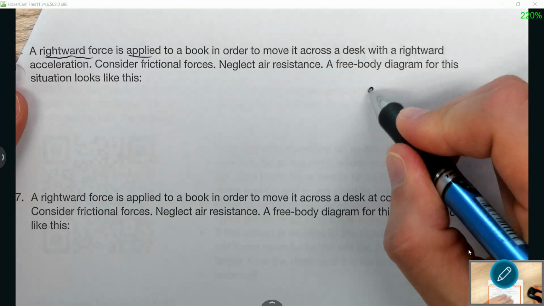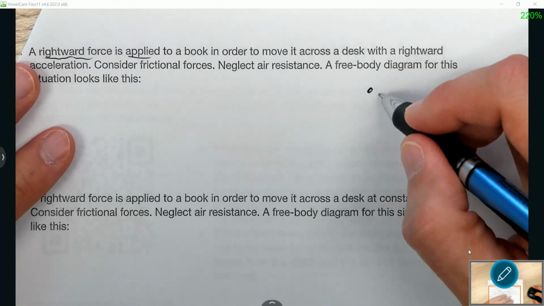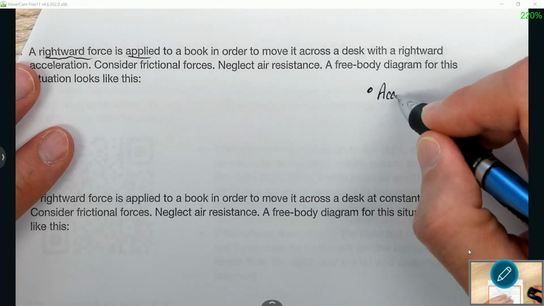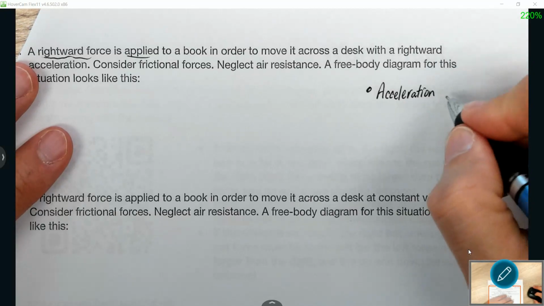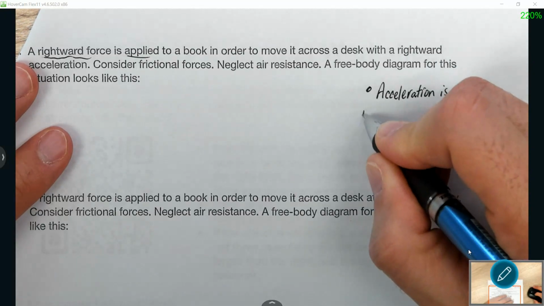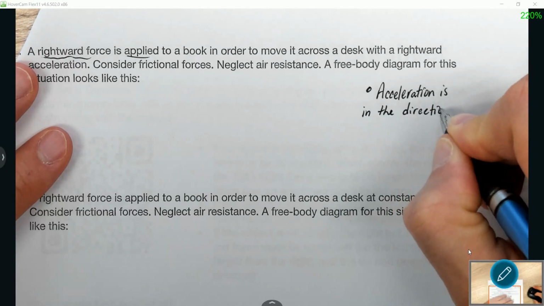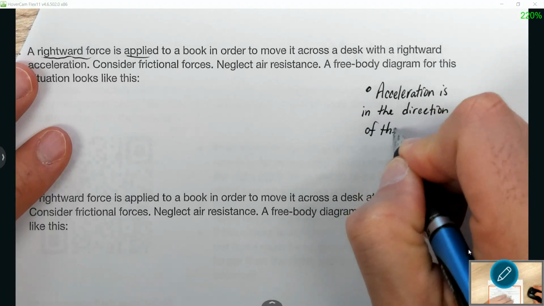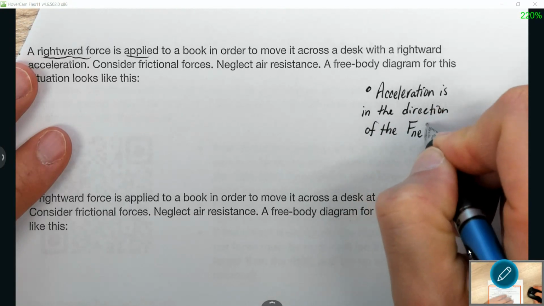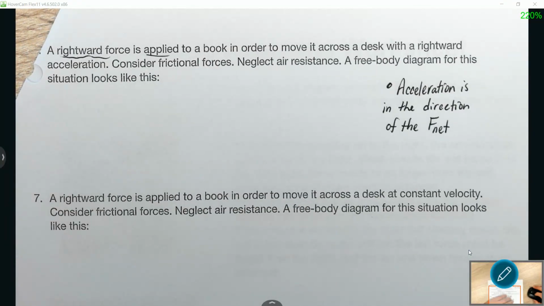Anytime we have an acceleration, the net force is always going to be in the direction of the acceleration. So there is going to be a net force on this, which means the arrows are not all going to be the same length now.